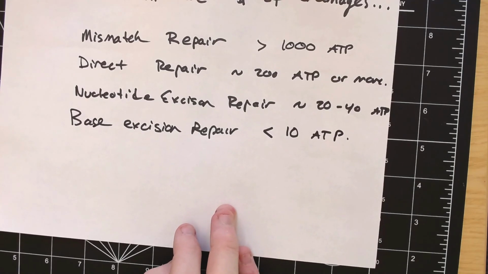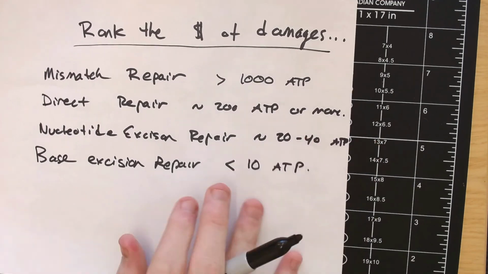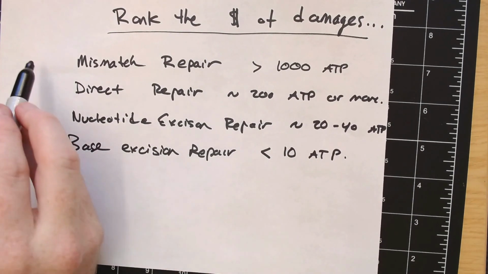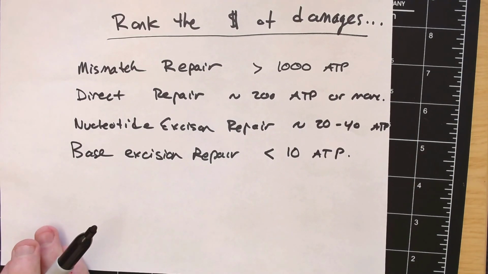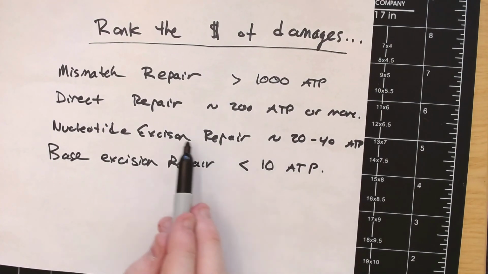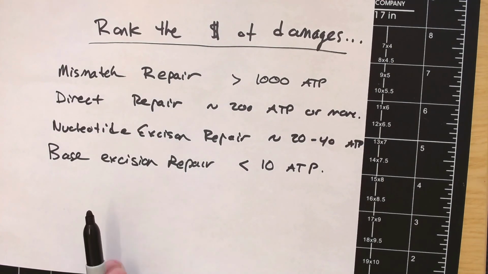Really, theoretically, it could get down to 2 or 3. So we can see that fixing the different problems that occur to maintain genomic integrity always is going to cost something, and in some cases, some mistakes are much more expensive to fix than others.